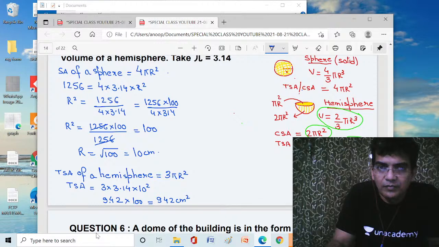So applying it in the formula, 4 by 3. In place of pi, I am going to take 3.14, and then it's r cube means 10 cube. Now when multiplied by r cube, this will become 3140.